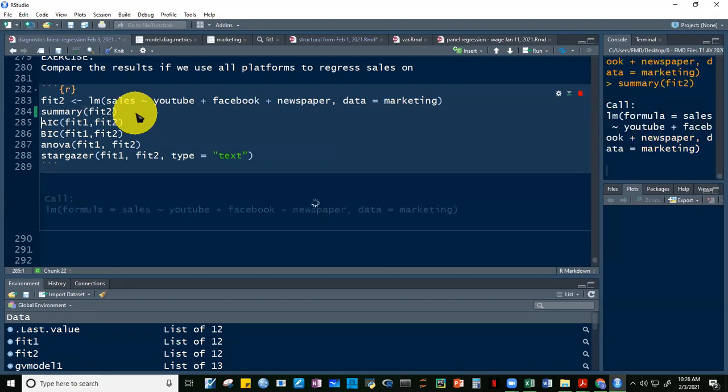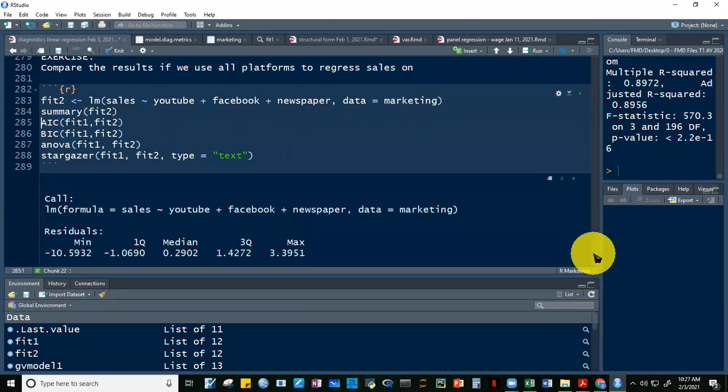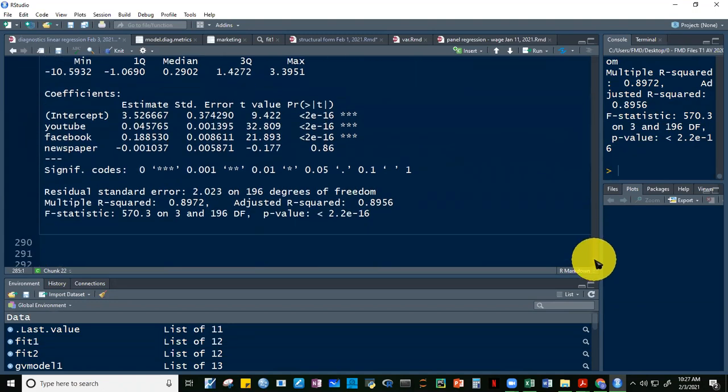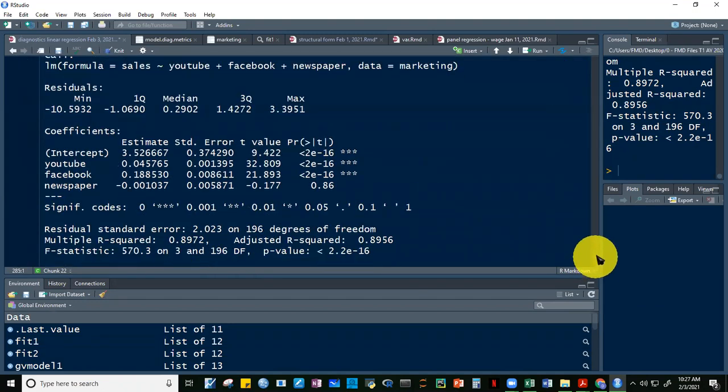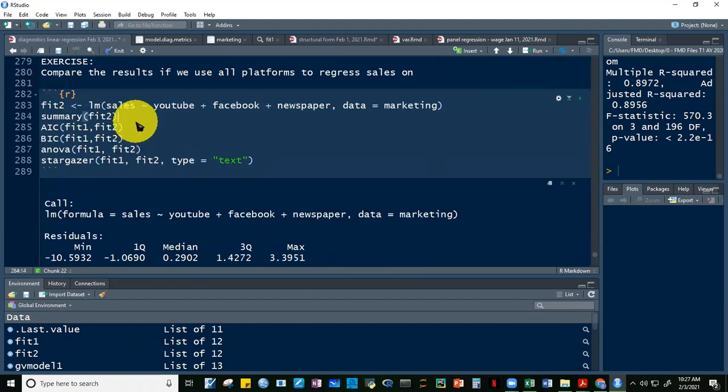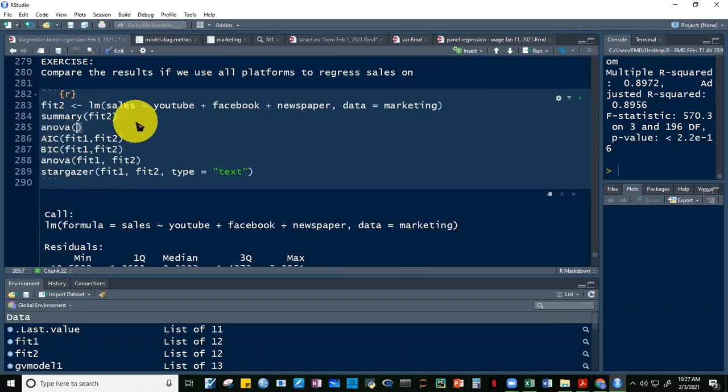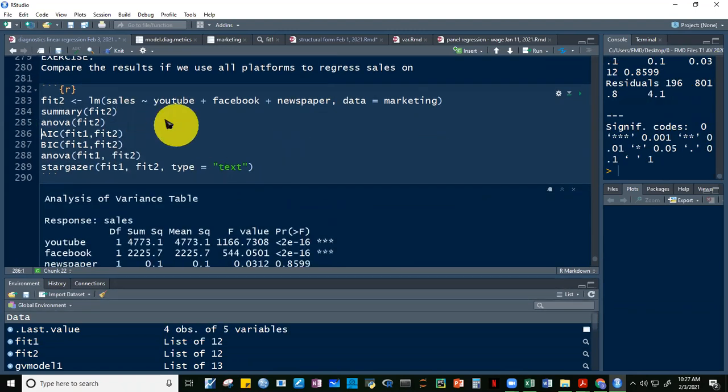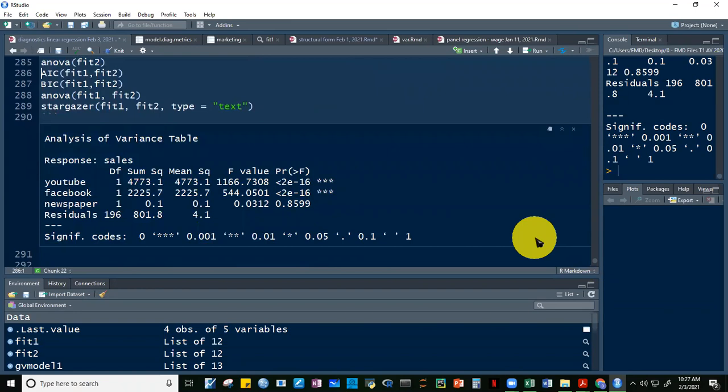Summarize natin si fit2. Yan. Kunin din natin si ANOVA na yung fit2. Okay. So, first, yung kay ANOVA, overall goodness of fit natin, ang null hypothesis natin, H null is equal to beta null is equal to beta 1 is equal to beta 2 is equal to beta 3.